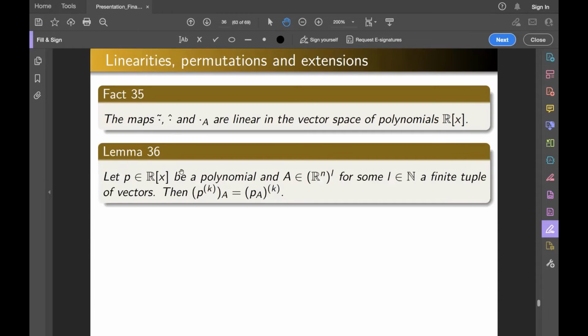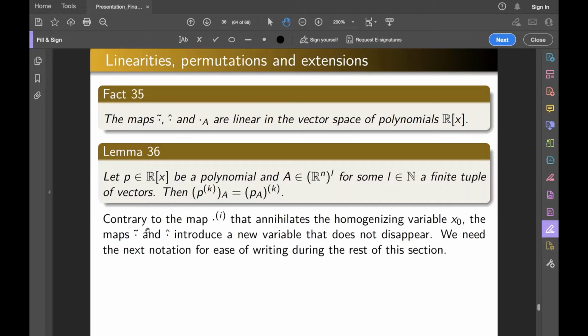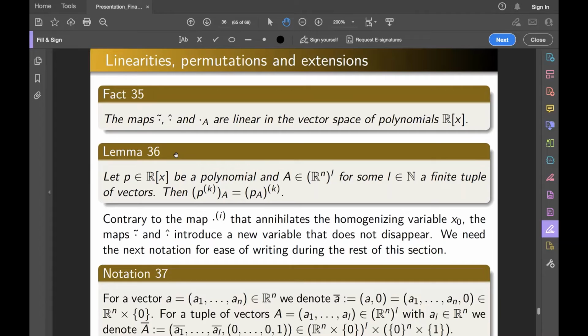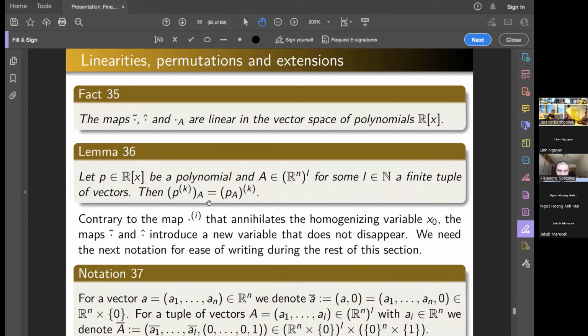This is clear, but this implies also that restriction and taking a Renegar derivative commute. And as for the other operations, the operations tilde and hat, to define them what we are basically doing is taking Renegar derivatives and then summing. This means that they also commute with that.